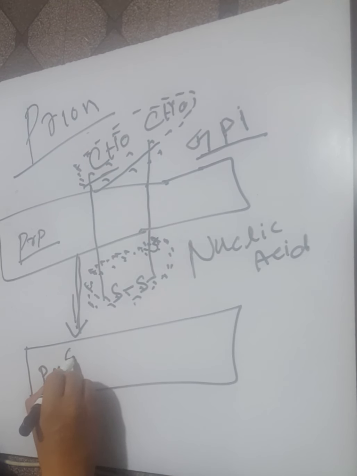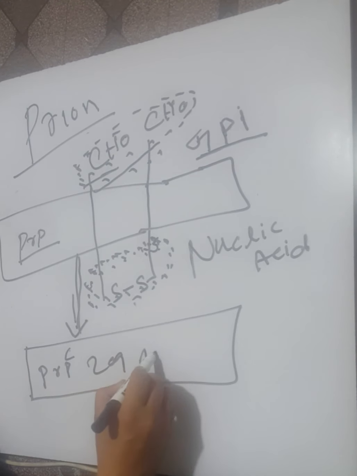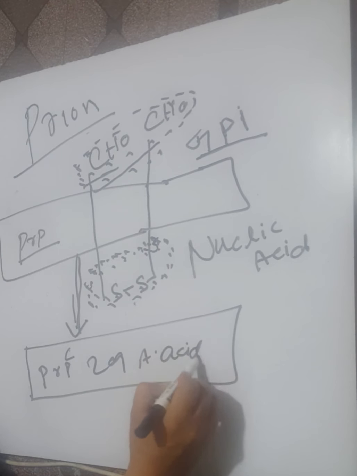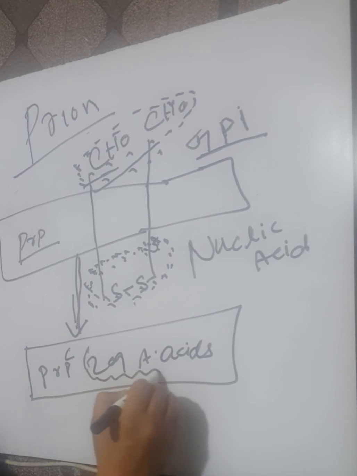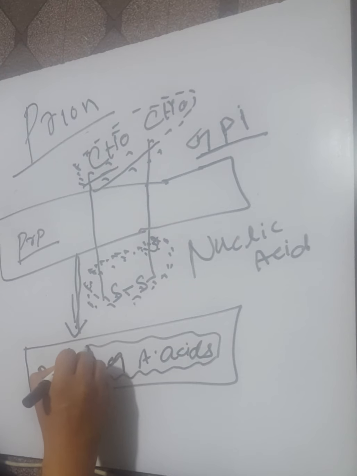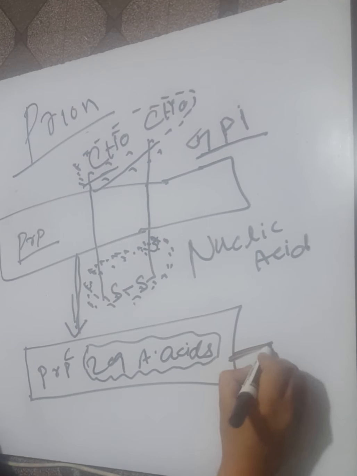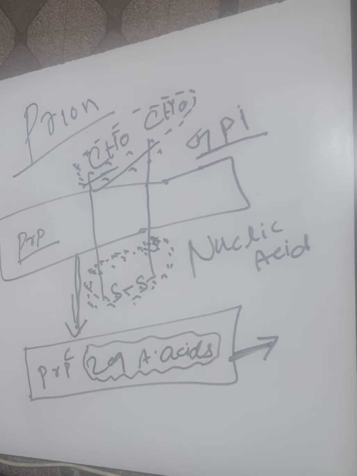In this case there are 209 amino acids, and this structure has the self-propagating capacity.